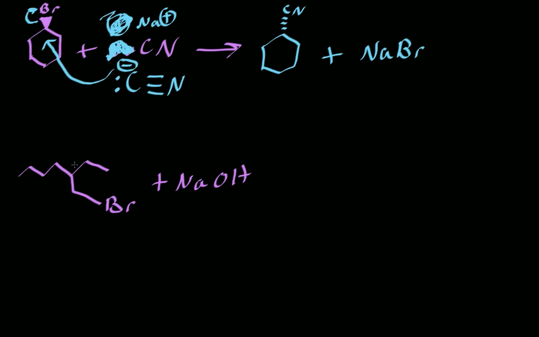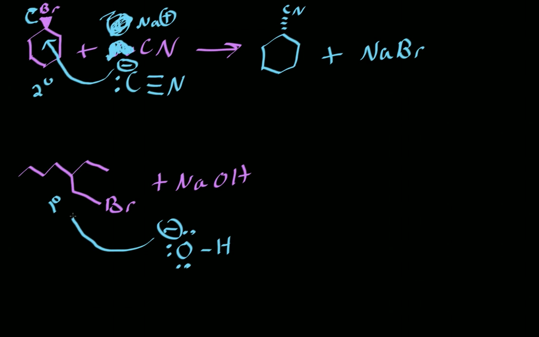Let's look at this one. It looks complicated, but it's really not. This carbon is bonded to one carbon, so it's primary. Sorry, I said secondary at first, but it's primary. This carbon was secondary, though. So this is primary, we can do that. Let's get rid of this sodium, and let's just do OH with the minus on the oxygen, because we know that's what hydroxide looks like.